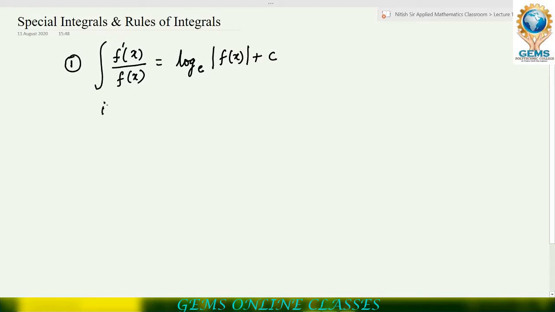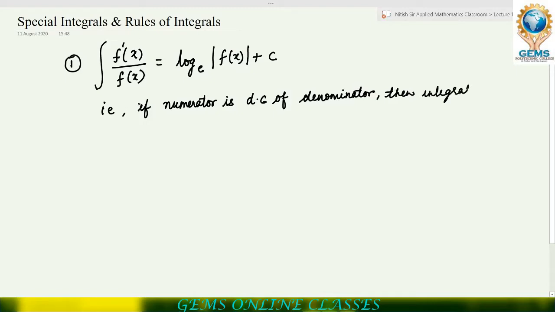That is, if the numerator is the derivative of the denominator, then the integration is log of the denominator.